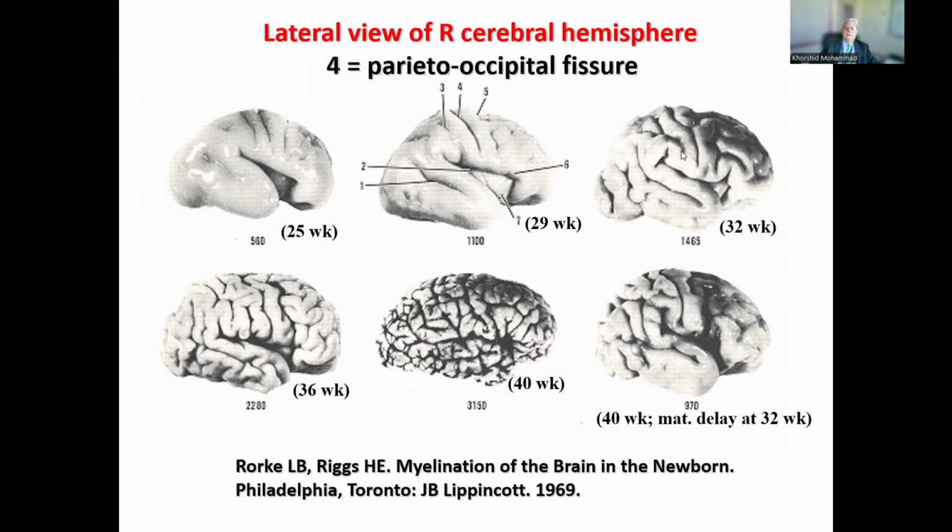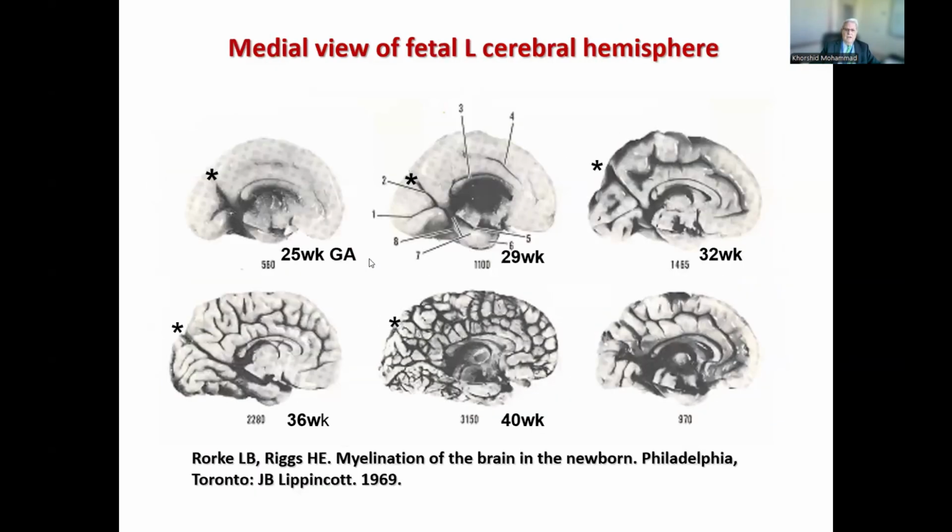Here it is at 32 weeks, as progression occurs in age and in development of the brain. If you look at the medial surface of the hemispheres, you can see where the asterisk is pointing to where the parieto-occipital fissure is, and you can see it as a much deeper groove on the medial side of the hemisphere, separating the parietal and occipital lobes.